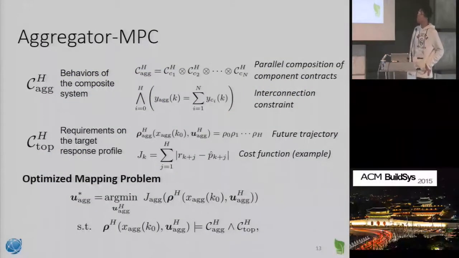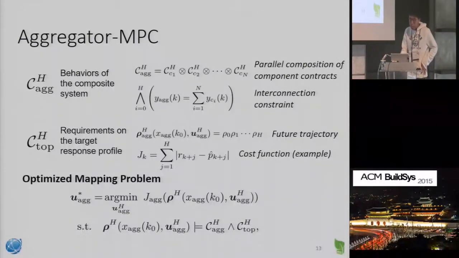To be more specific, we can use parallel composition. In this case, it's just juxtaposing all these mixed integer linear constraints of all those DR components together into an aggregate contract. We also have an interconnection constraint. Here it means the total demand response is the sum of each individual response.